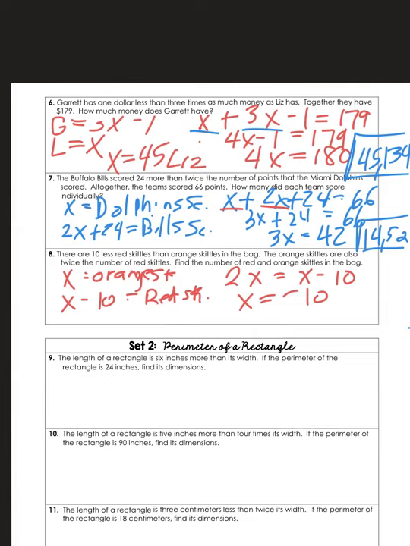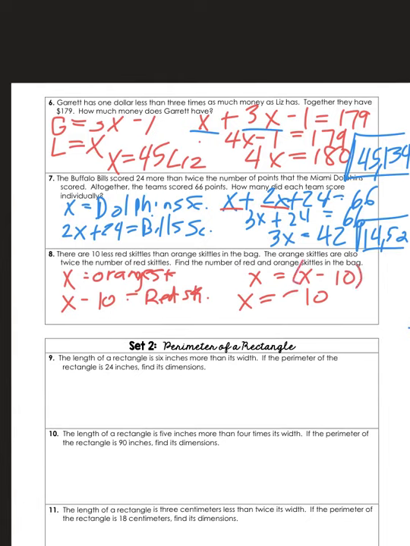There are 10 less red Skittles than orange Skittles in the bag. 10 less red. x minus 10. The orange Skittles are also twice the number of red Skittles. So I think, let's try this.